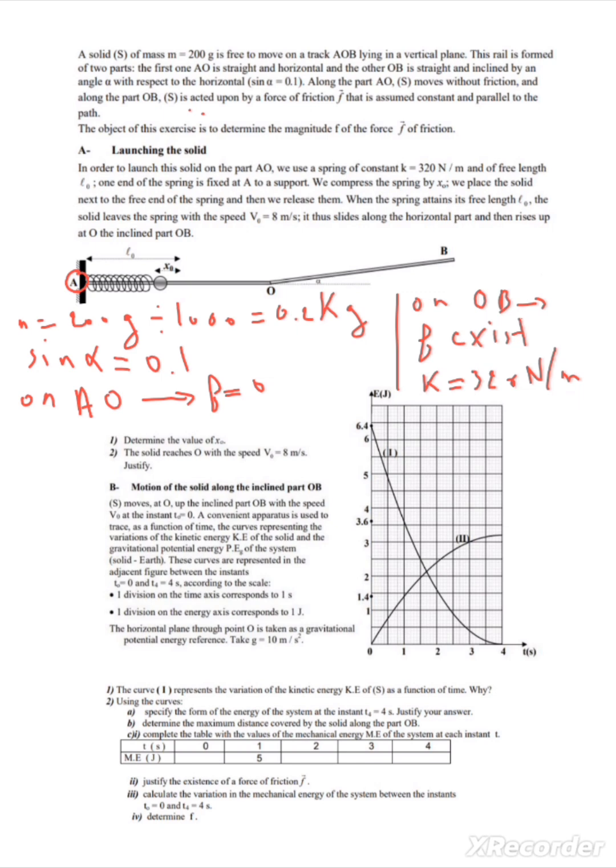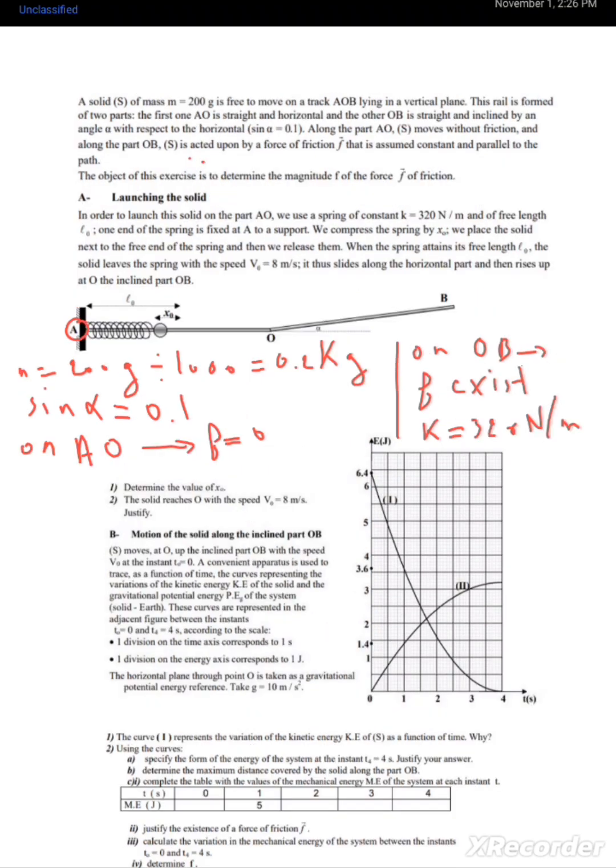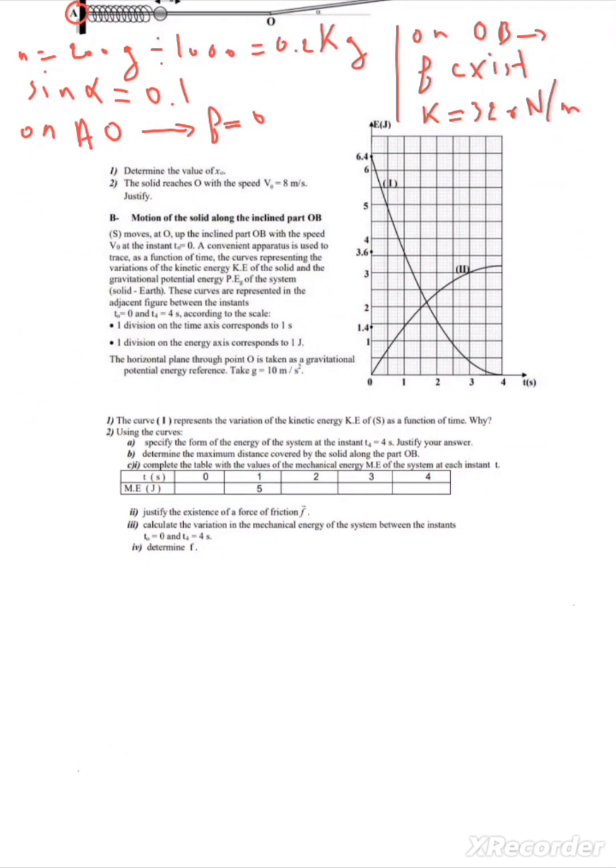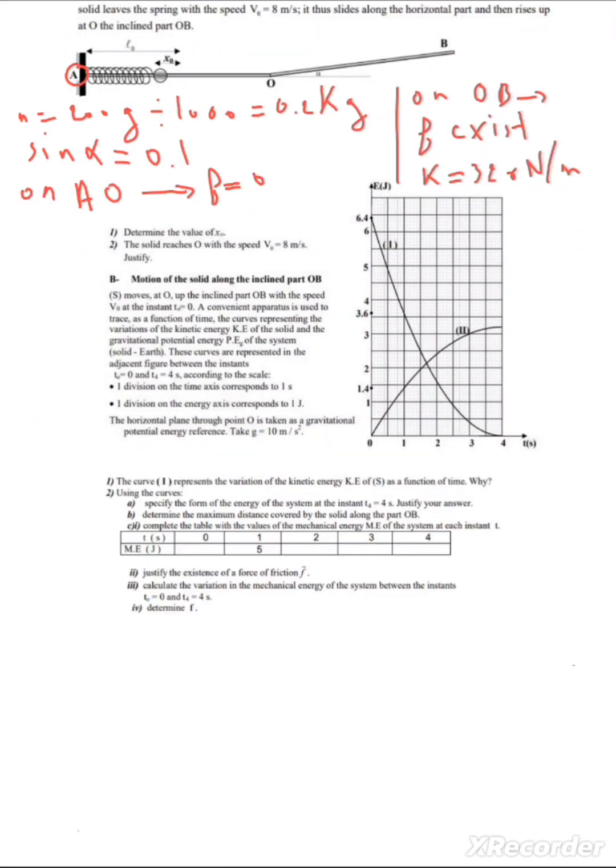We place the solid next to the free end of the spring and then we release them. When the spring attains its free length L0, the solid leaves the spring with the speed v0 equal 8 meters per second. So v0 equals 8 meters per second.